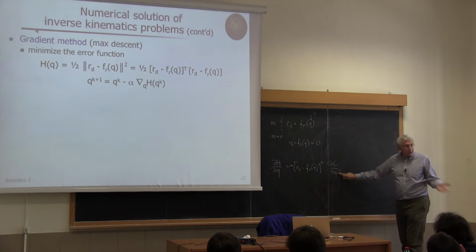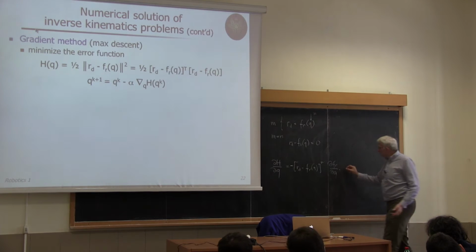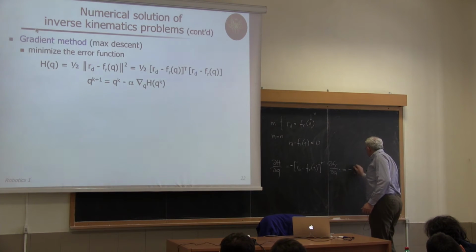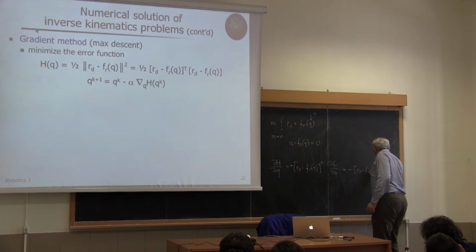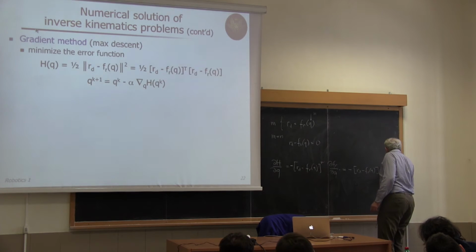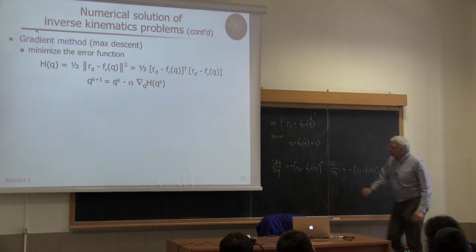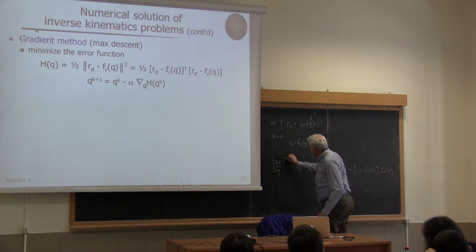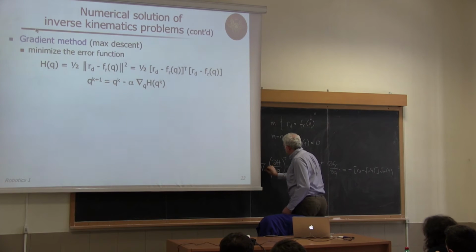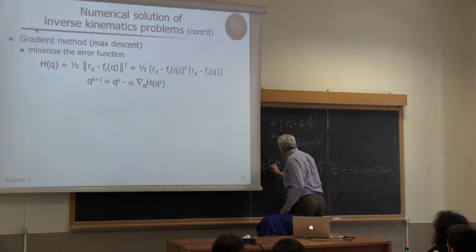What is this? It's the Jacobian of the direct kinematics, so I can write it again. Minus Rd minus f of r of q times Jacobian. And then I take the transpose of everything. So I will have d of h of q.